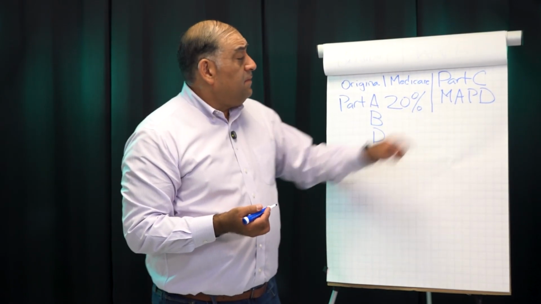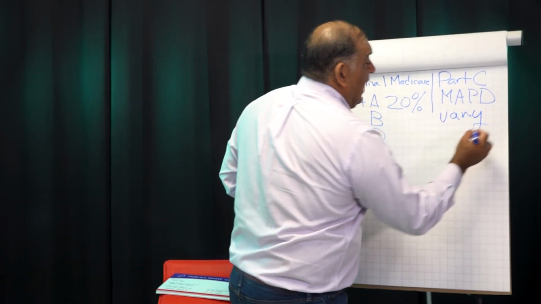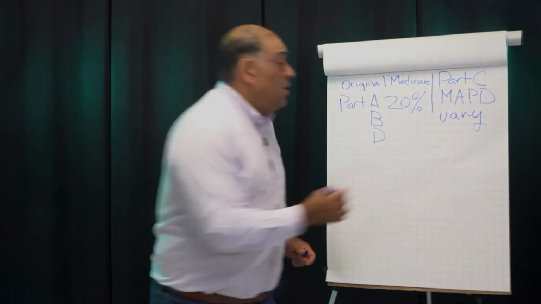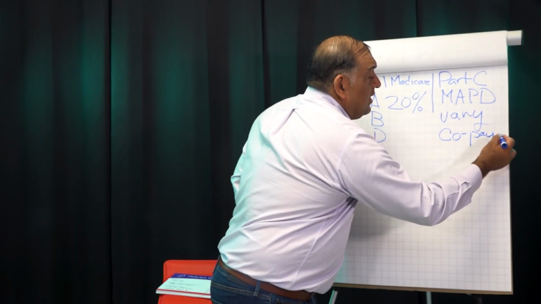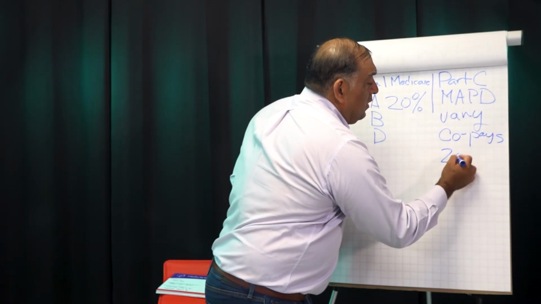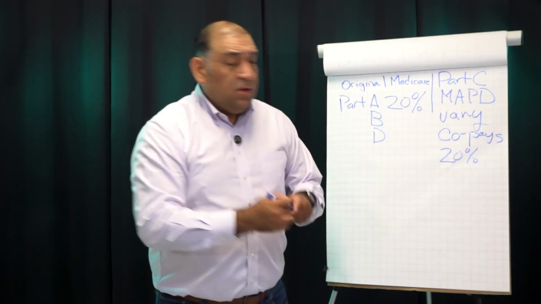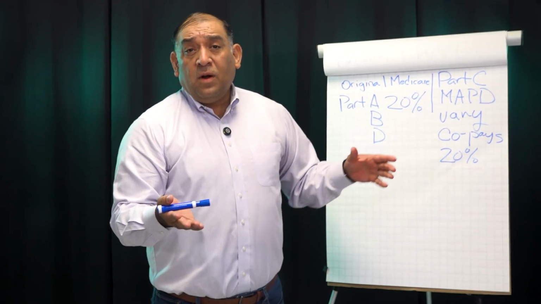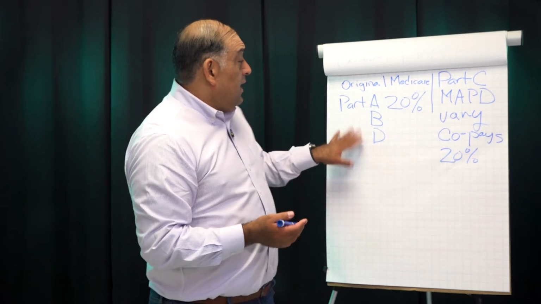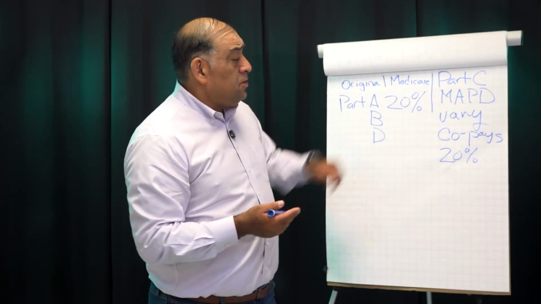Now with Medicare Advantage, the costs vary, and what happens is they give you co-pays. They'll give you co-pays, and in some cases, they will give you the 20%, just like original Medicare. One good example is a cancer situation or medical equipment. Under original Medicare, if you need a bed or oxygen or a wheelchair, they charge you 20%.